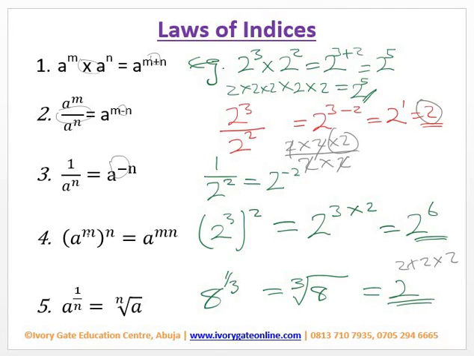Then a raised to power m, then into n, we have a raised to power m n, which means m times n. Then the fifth one, a raised to power 1 over n, is the nth root of a.